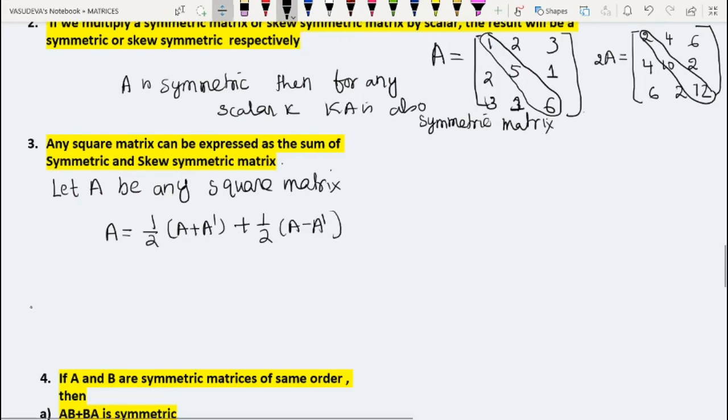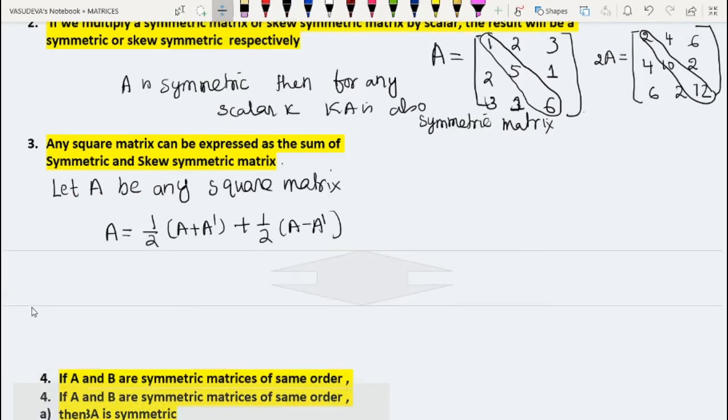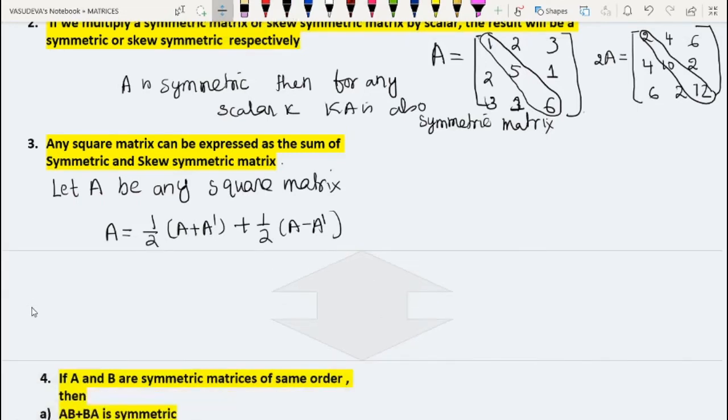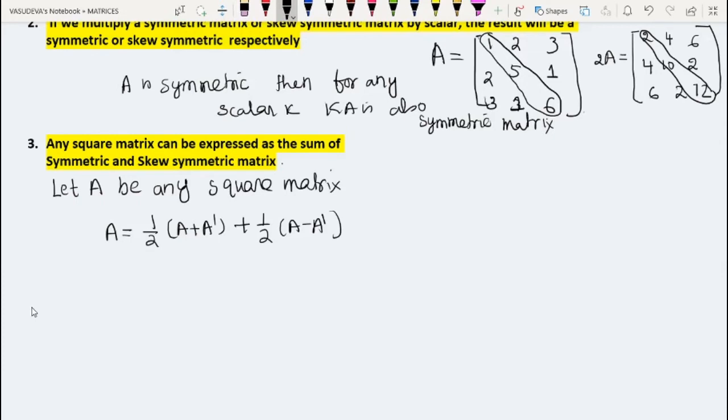Check whether it is equal to A. Taking the RHS, I will show that it is equal to A. Taking half as a common factor, the remaining elements are (A plus A dash) plus (A minus A dash).